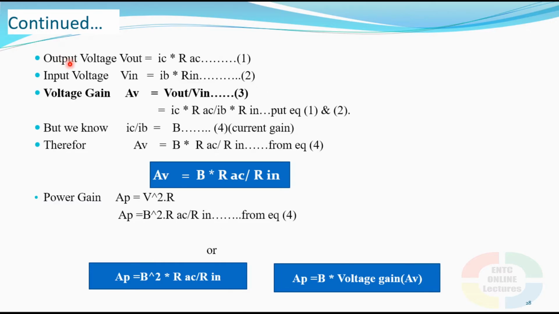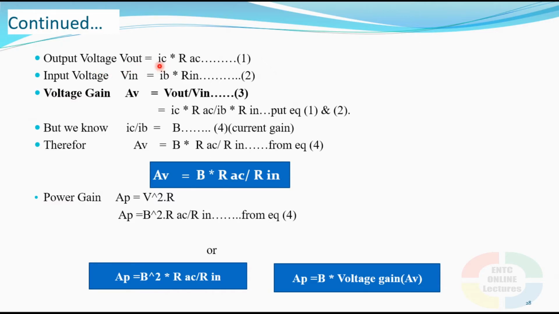Now we have to find gain. What is the gain of a common emitter amplifier? To find gain, we have to find output voltage and input voltage. First we can find the output voltage. Output voltage is nothing but output current into output resistance, and the output current in a common emitter amplifier is IC.